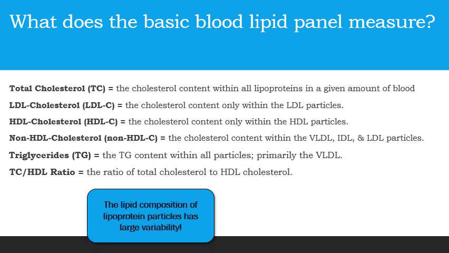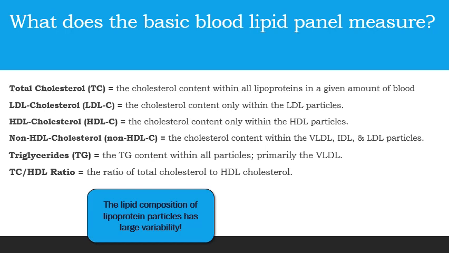There is a limitation in these metrics though. You see, the actual lipoprotein particles that are carrying these above contents have a large amount of variability in their proportion of the contents. For example, in the LDL particles, you have a given amount of cholesterol that is measured in this test, right?